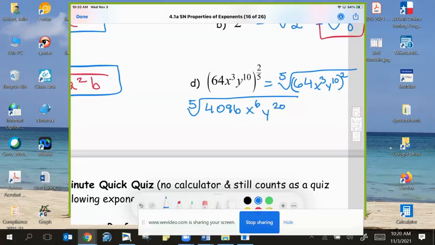The fifth root of y to the 20th would be y to the 4th, because if we take y to the 4th and raise it to the 5th power, we do get 20. So that means y to the 4th can come out, and this is the fifth root of 4096 x to the power of 6.